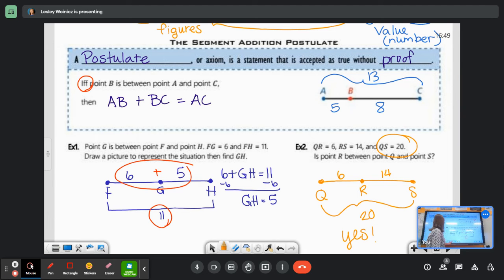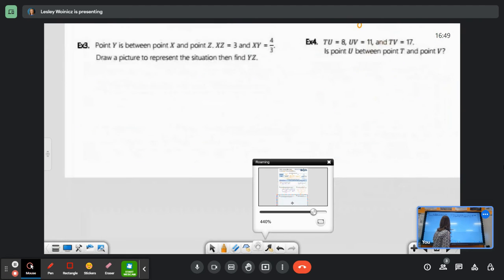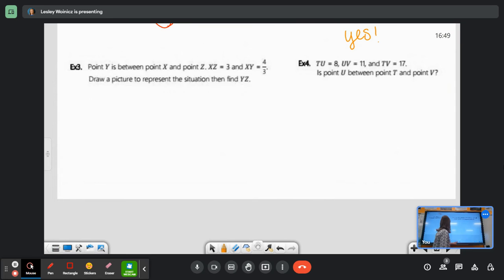Okay. Let's try another. All right, point Y is between point X and point Z. X. Oops. Y. Z. Okay, XZ is 3.